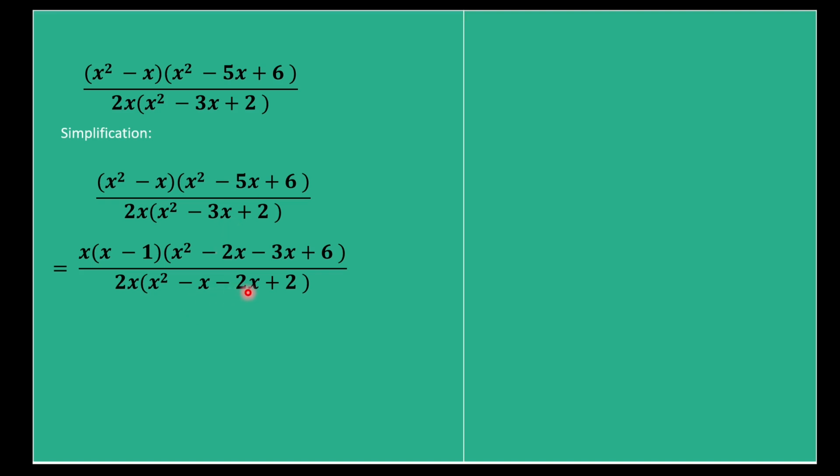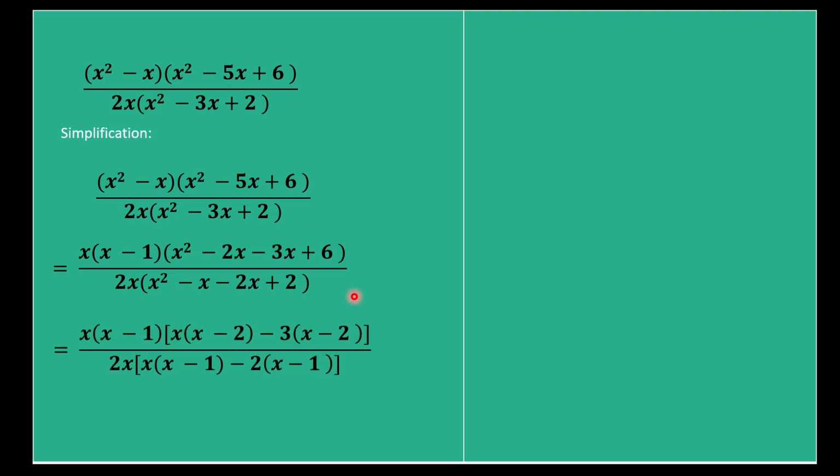If we multiply x² and 2, its product will be equal to the product of these two terms, and if we add these two terms, again it will become −3x. So now in the next step we will take common factors from each pair of terms. Let's take the common factors.